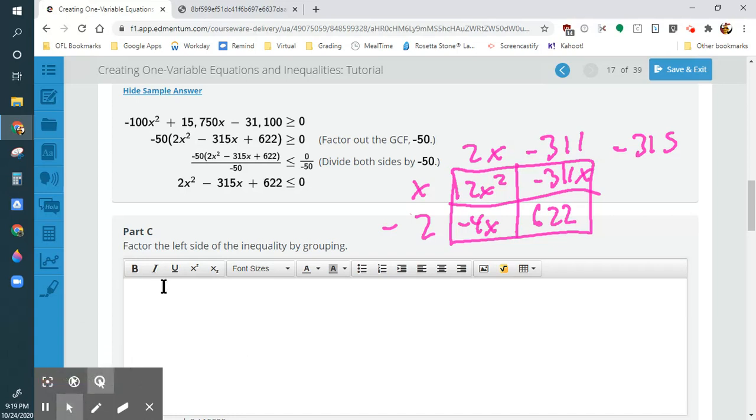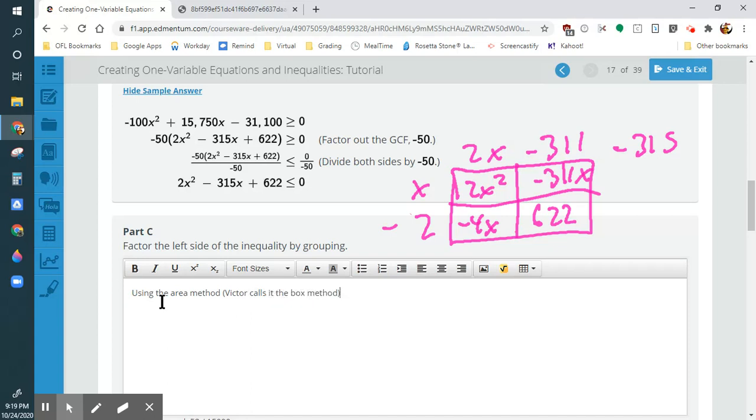So I'm going to explain how I did it. So using the area method, box method.